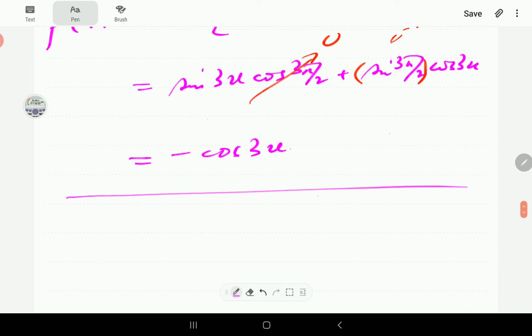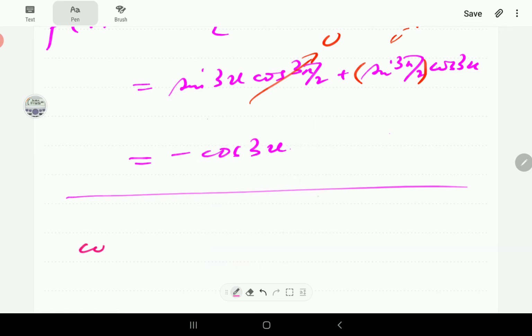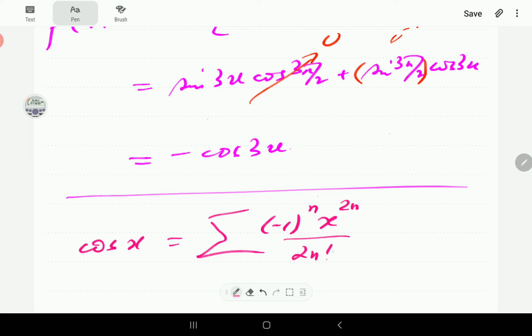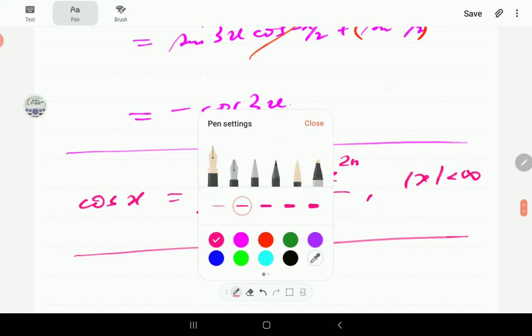Now, the Maclaurin expansion of cosine is cosine of x equals the summation of -1 to the power n, x to the power 2n, all over 2n factorial. And this has got an infinite radius of convergence.